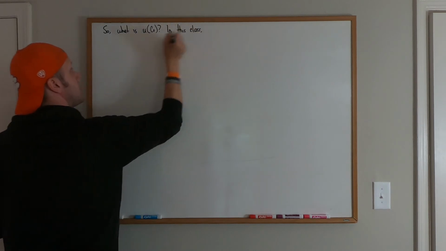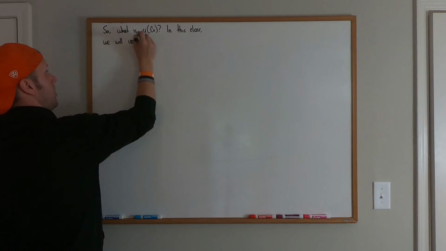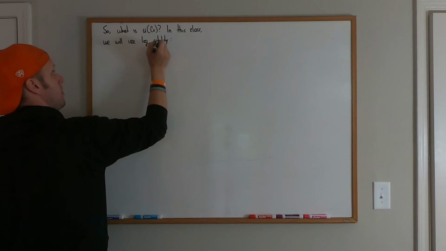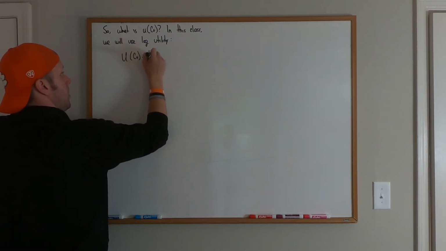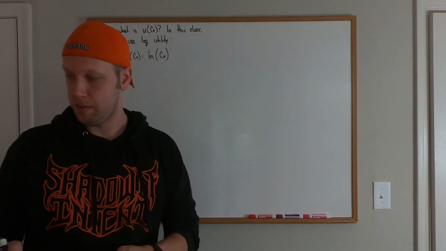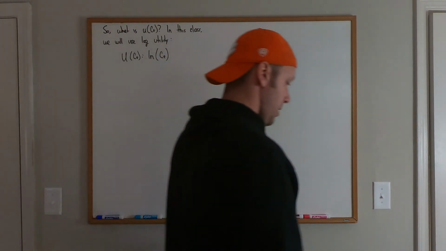Well, in this class, we use log utility, the natural log of consumption. So utility is equal to ln of CT, or the natural log of how much we consume. So U of CT is the natural log of CT.